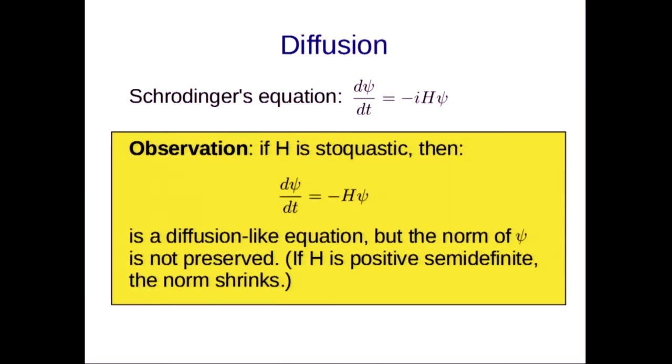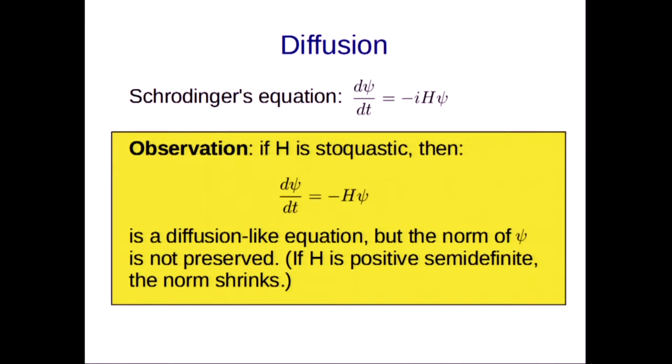So another thing you can observe with stochastic Hamiltonians is that you put one into a Schrodinger equation, and except for this factor of i there, it looks a lot like a diffusion equation. So you can write down this analogous diffusion equation, and you could think of this as being a continuous time random walk, where these off-diagonal matrix elements are giving you probabilities for walkers to hop to other sites, flip bits in other words, and the on-diagonal elements are giving you some probabilities for the walkers to either die off or to reproduce.